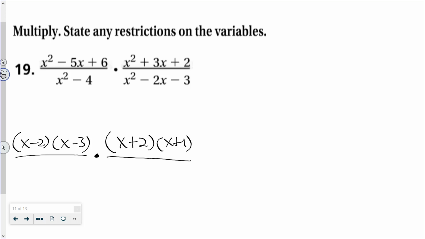I'll do it on the board if you need me to. Just tell me what you want me to do. And that one is x plus 2 and x minus 3. That's correct. The one on that side, x plus 1, x minus 3. That's correct.